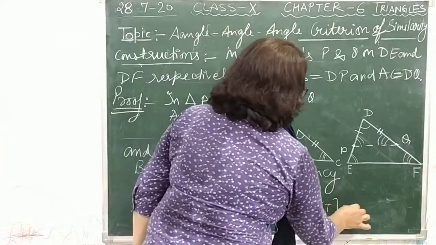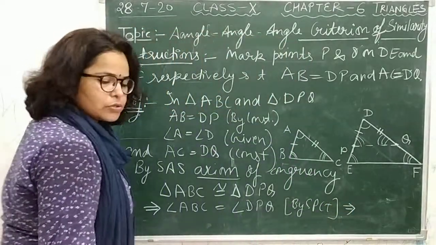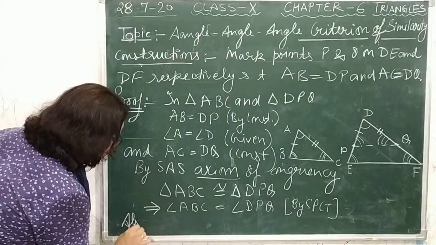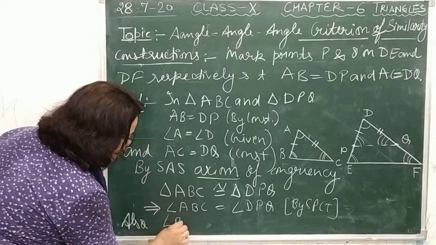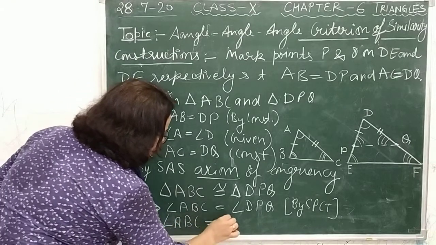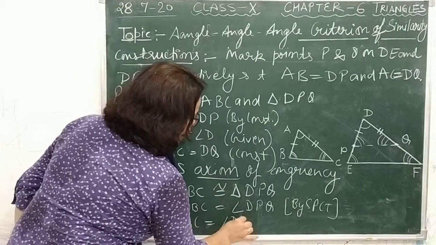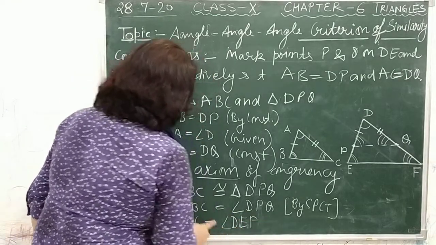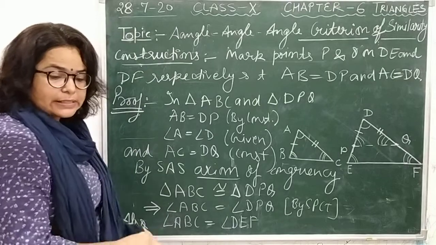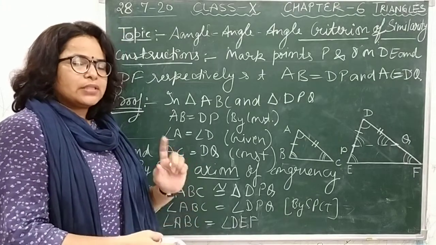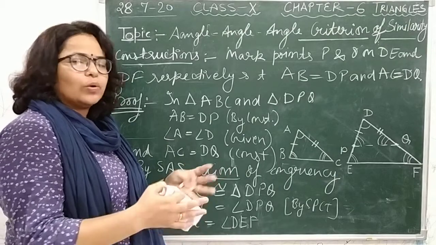Okay? Also we have what is given to us, that angle ABC is equal to angle DEF. So from these two, by Euclid's first axiom, we know things that are equal to the same thing are equal to each other.